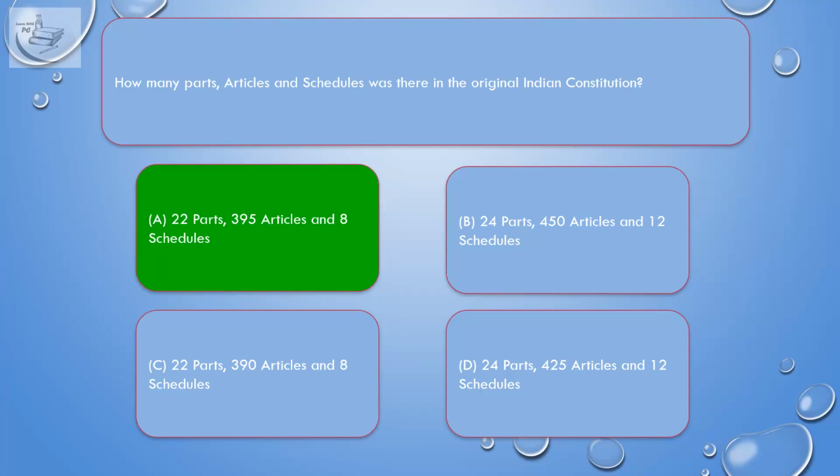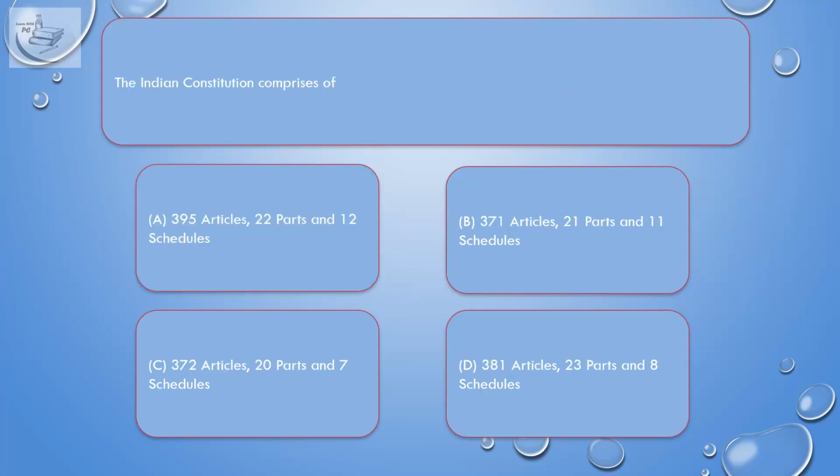Correct answer is A. 22 parts, 395 articles and 8 schedules. Question: the Indian Constitution comprises of A. 395 articles, 22 parts and 12 schedules. B. 371 articles, 21 parts and 11 schedules.